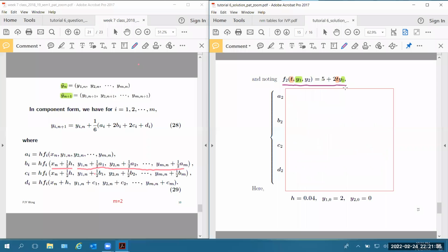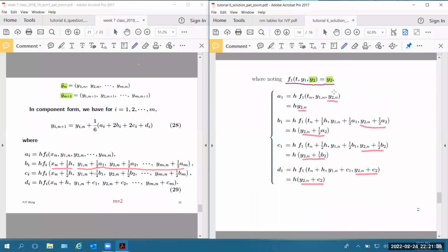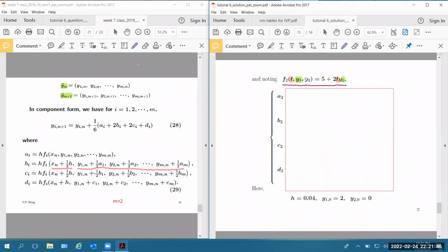Now we do function 2. Function 2 will change. In fact, for every question, your function 1 is the same, right? But function 2 will be different. So your function 2 is 5 plus 2ty1. You see it involves the first argument, the t, and the y1 is the middle one. The y2 is not used.